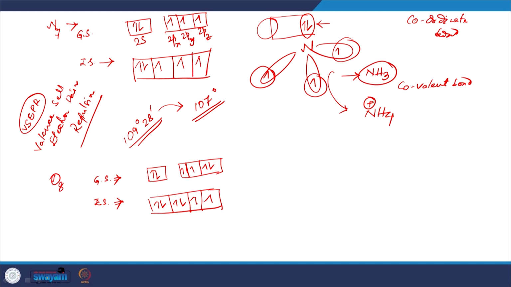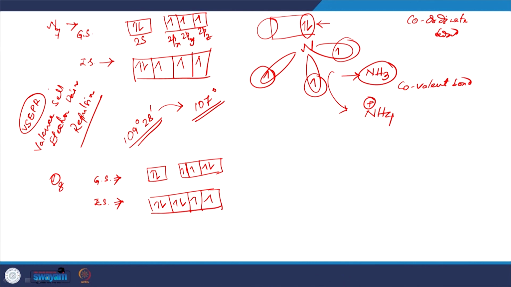So, how does it affect? You know the hydride of oxygen is water, right? As I told you, I made a carbon equivalent model of oxygen where you could see that there are 2 lone pairs and 2 hydrogens. Now, what will happen? You already know, according to VSEPR, the repulsion would be more, and now from 109 degree 28 minutes, the angle reduced to 107 degrees, it would be further reduced to 104 degree 50 minutes.